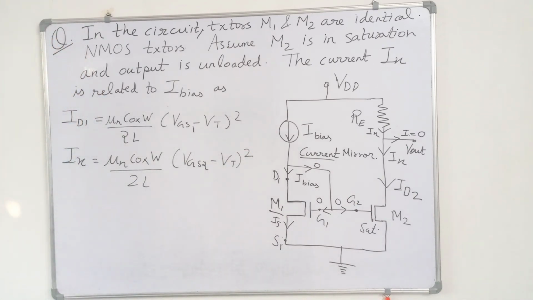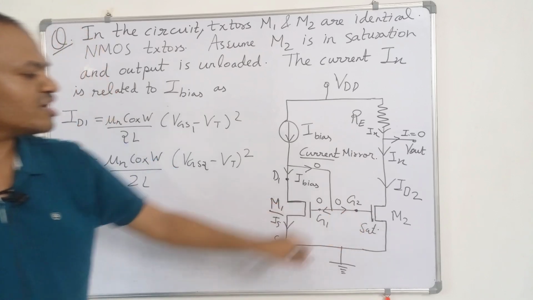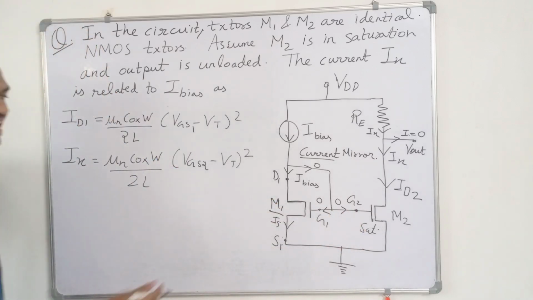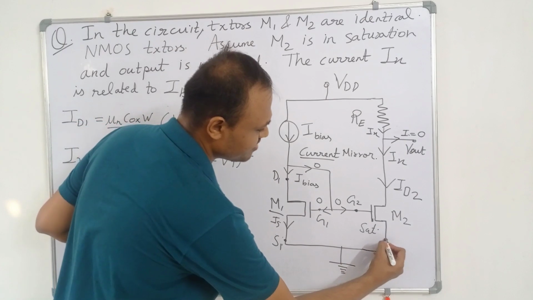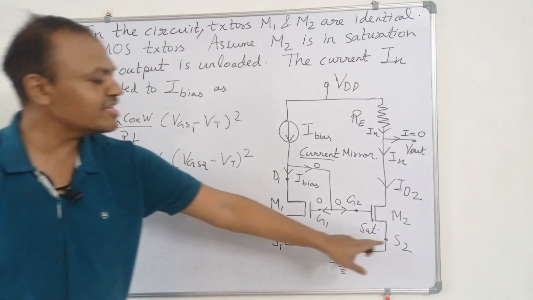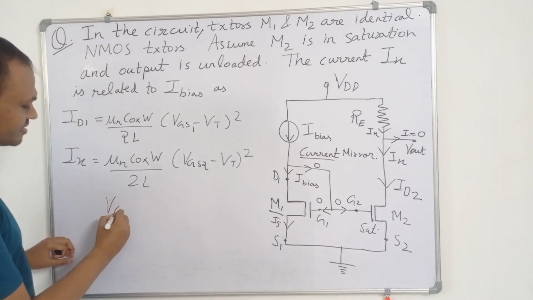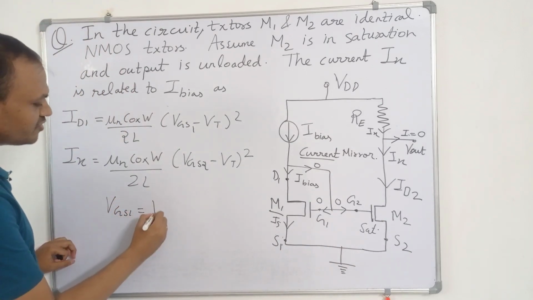You can see the gate terminals of both the MOSFETs are at same voltage, and the source terminal, this is the source terminal S2 of the second MOSFET. Sources of both the MOSFETs are also at same voltage. So VGS1 will be equal to VGS2.